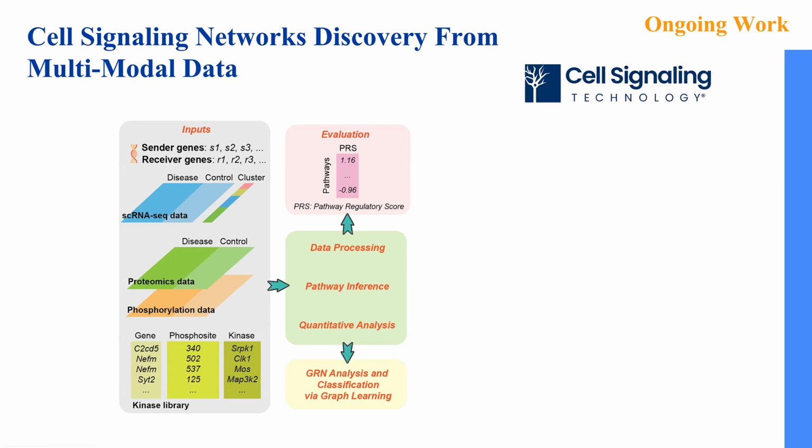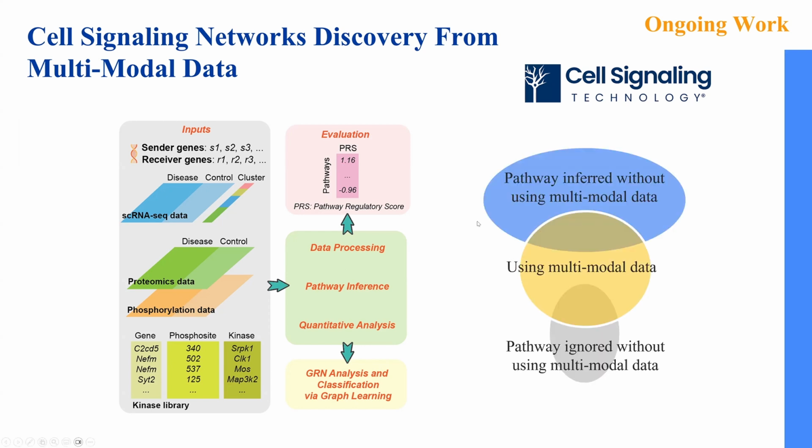The powerful thing about this method is that usually pathways are inferred without using multimodal data. Maybe they can infer a lot of pathways, but some of the pathways are ignored because they are not highly expressed or not differentially expressed.